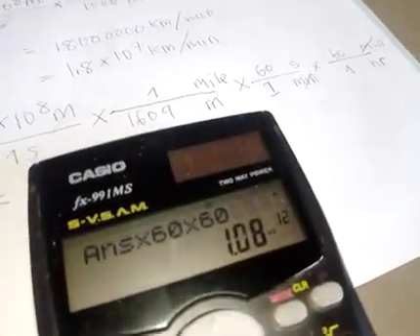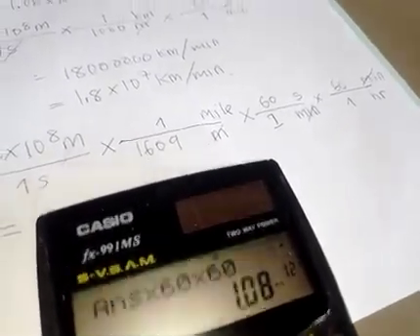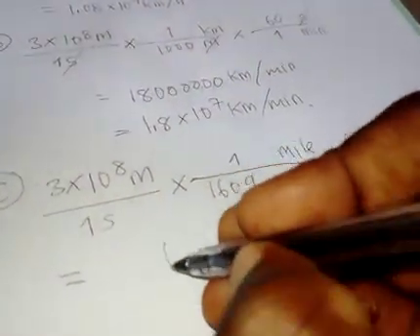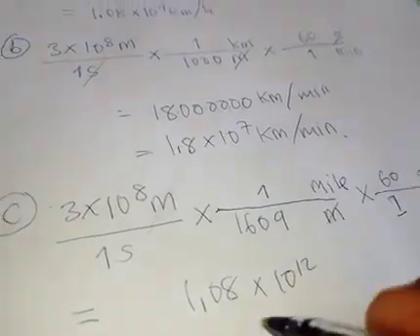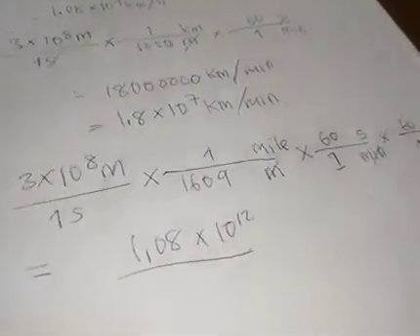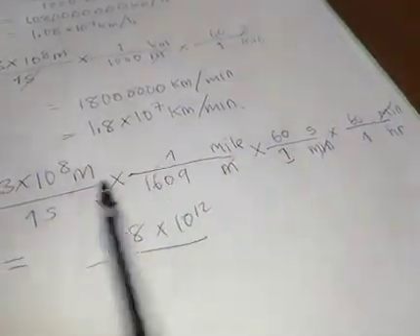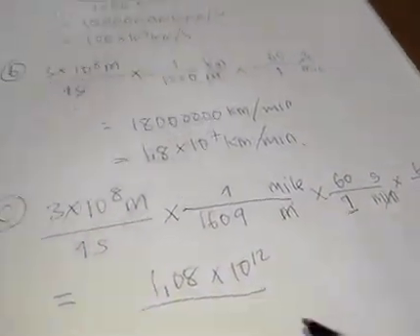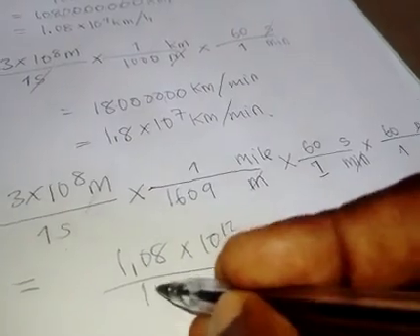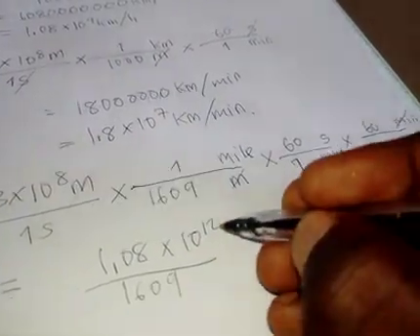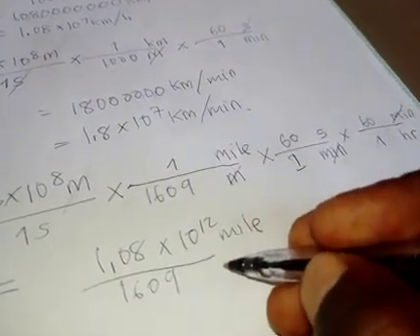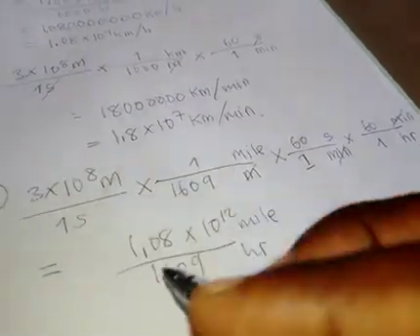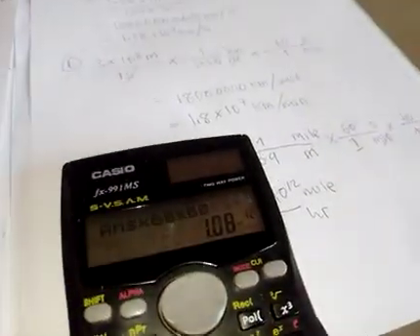The answer is 1.08 times 10 to the power 12. This should be over 1609, since if we multiply everything there, we just get 1609. On top, remember, we have mile, and down, we have hour. So we'll just divide that.